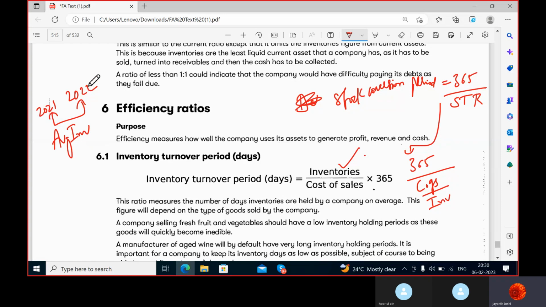But if you have only 2022's data, you can't go for average stock, so you have to just take the inventory of 2022.